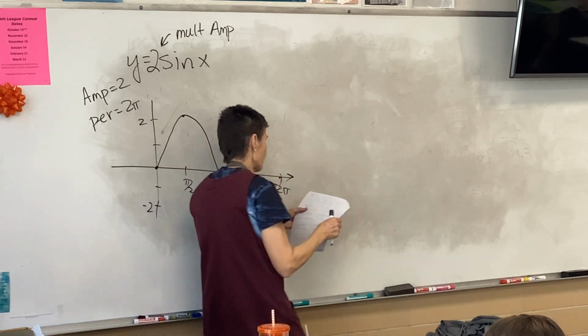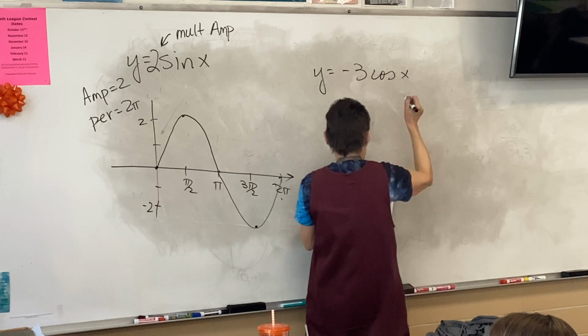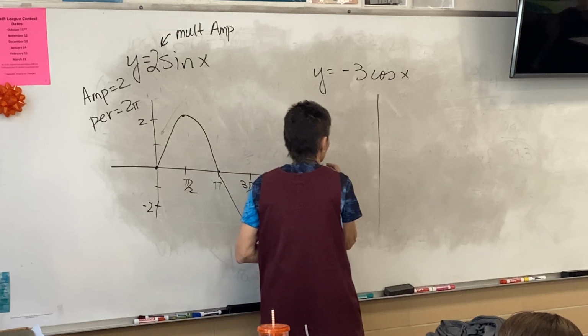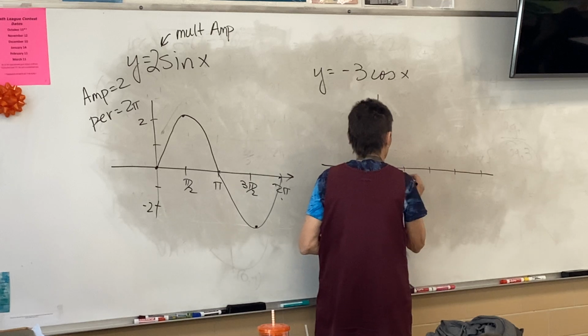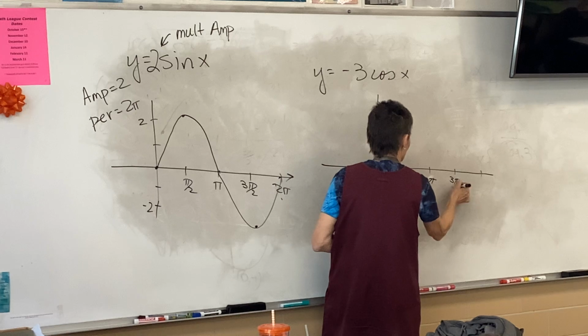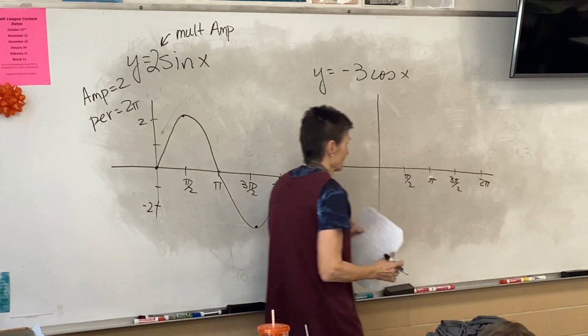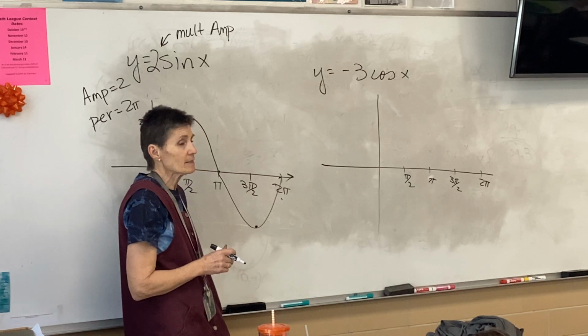D, negative 3 cosine. Any thoughts on this?